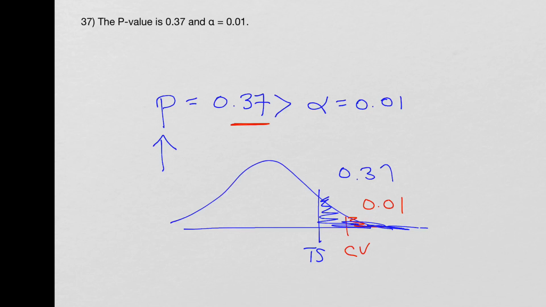So I really just need to know which is bigger. If p is larger, then I do not reject the null hypothesis. And if alpha is larger, then I do reject the null hypothesis. If they happen to be equal, we would go with do not reject.